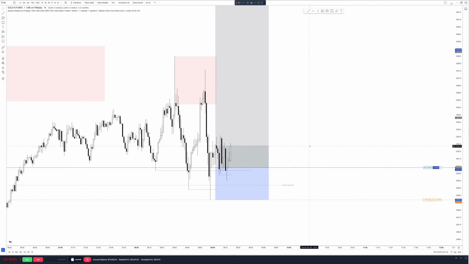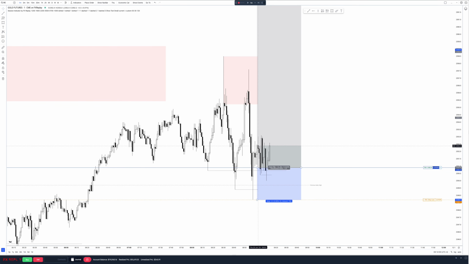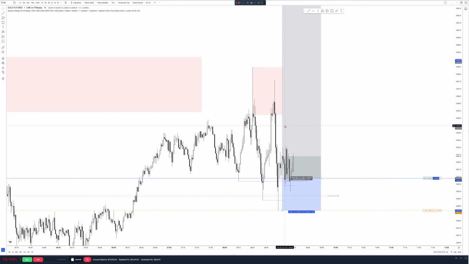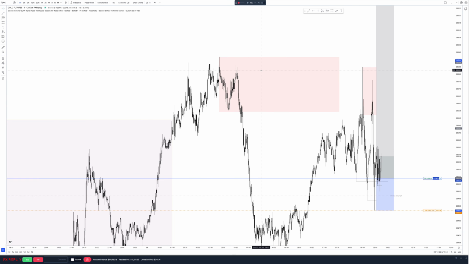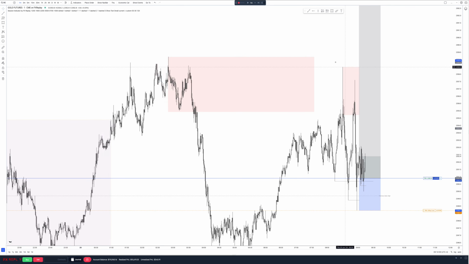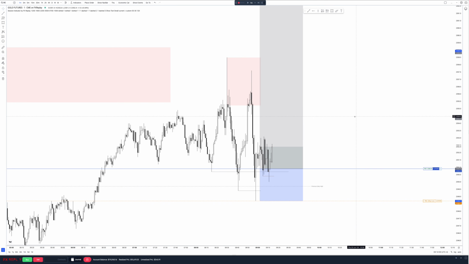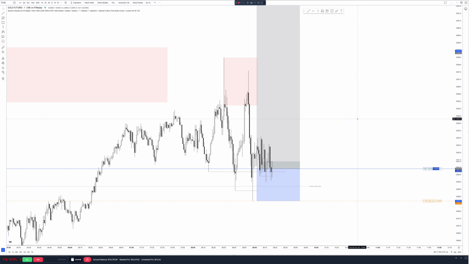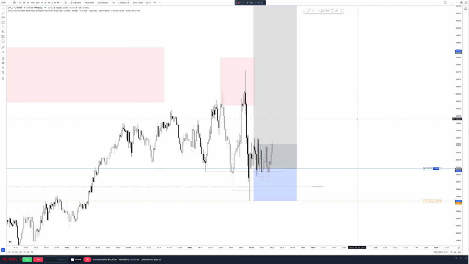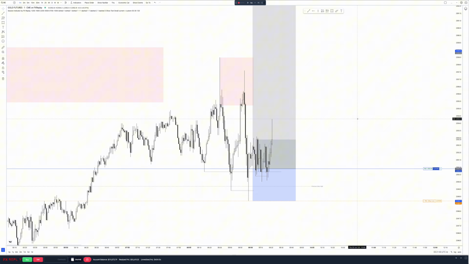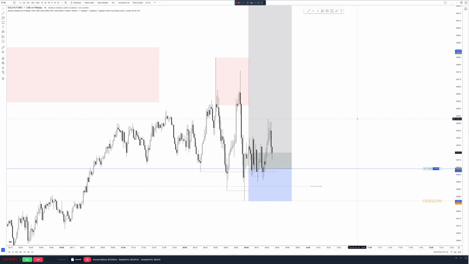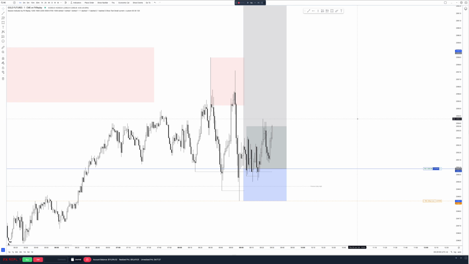Just still on the cards. There's a lot of liquidity here, so it should possibly at least come for here, and then we'll manage it accordingly. We do have this liquidity as well, right? Like I mentioned, there's a ton of liquidity above here. So yeah, let's see. Okay, now that takes out the high. Let's see what it does.